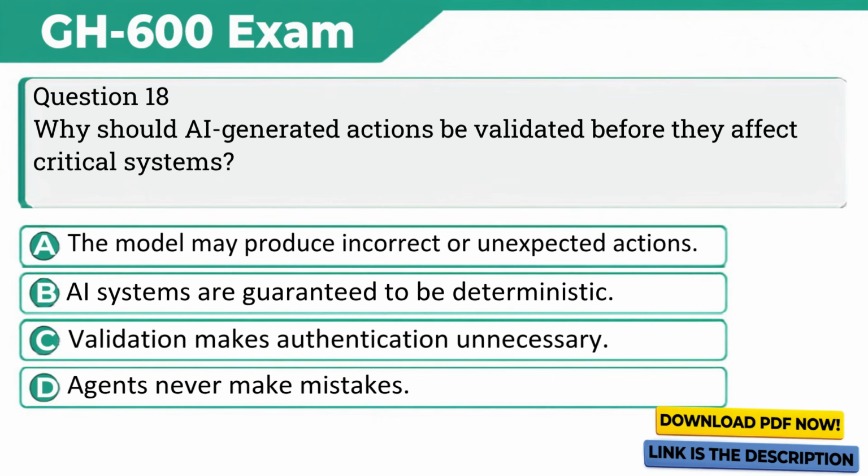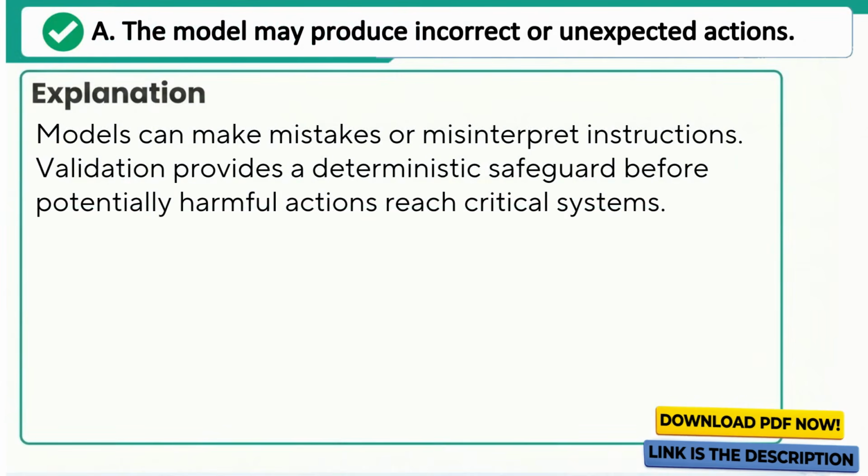C. Validation makes authentication unnecessary. D. Agents never make mistakes. Correct answer. A. The model may produce incorrect or unexpected actions. Explanation. Models can make mistakes or misinterpret instructions. Validation provides a deterministic safeguard before potentially harmful actions reach critical systems.